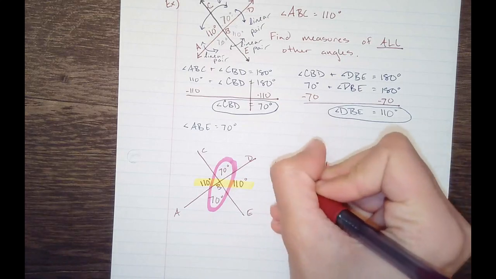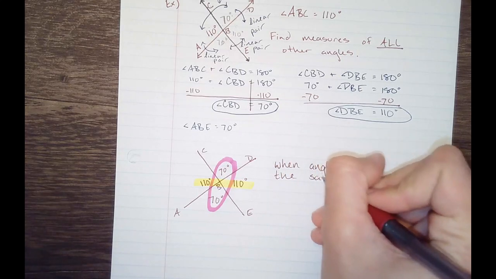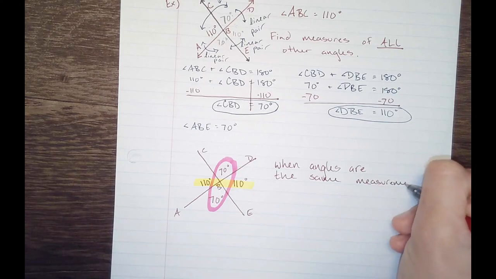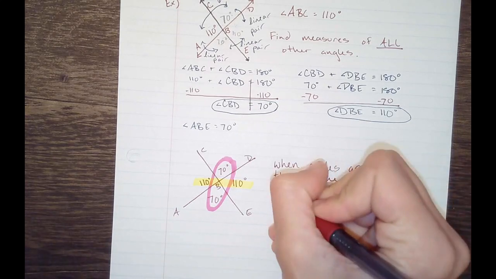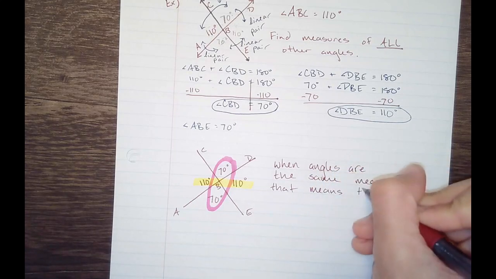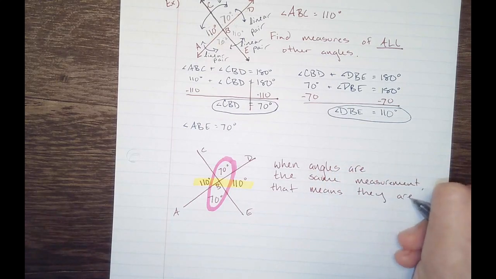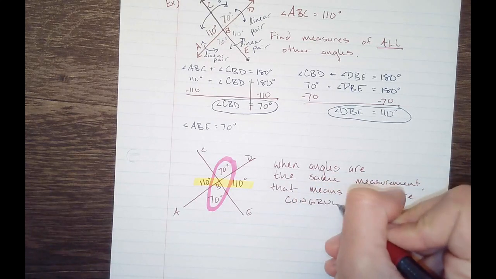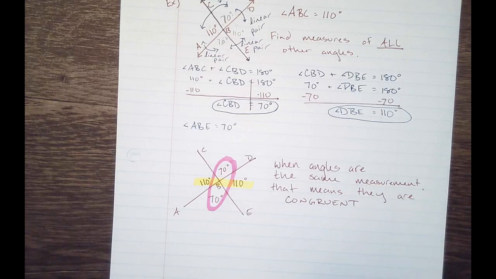Congruent is just our fancy word for saying that 2 angles are the same thing. And the symbol for that is an equal sign with a little squiggle on top. So if at any point you were told that 2 angles are congruent, that means that they have the exact same measurement.